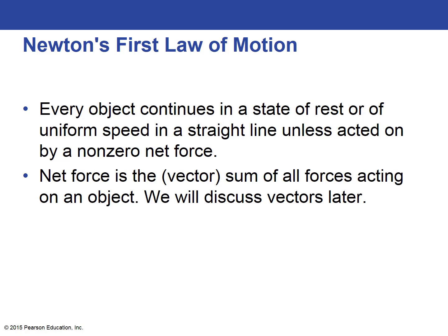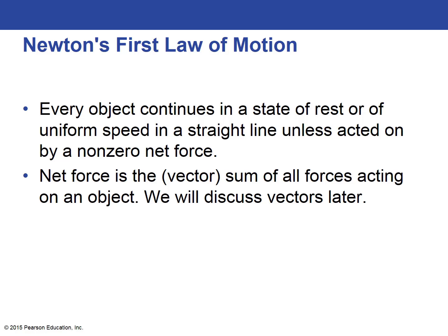Okay, so now we are able to state firmly what Newton's first law of motion is. It states that every object continues in a state of rest, or remains in a state of uniform speed in a straight line, unless acted on by a non-zero net force.